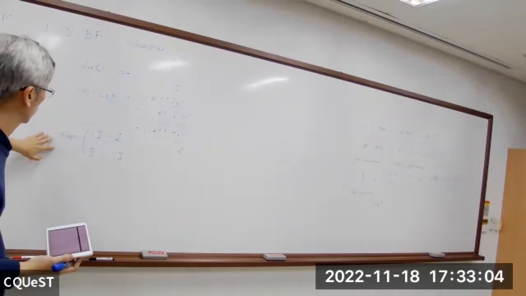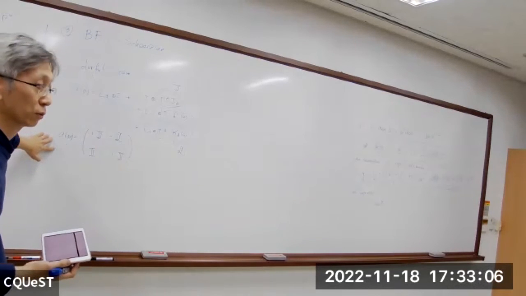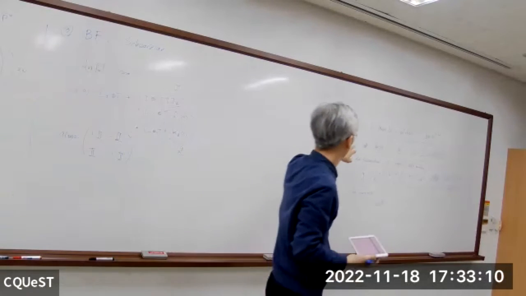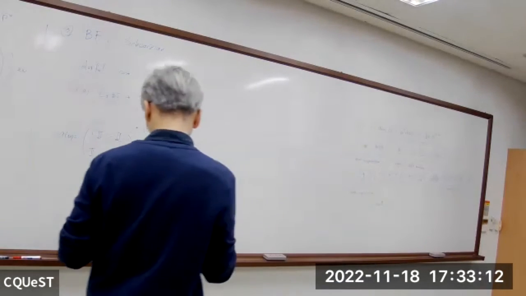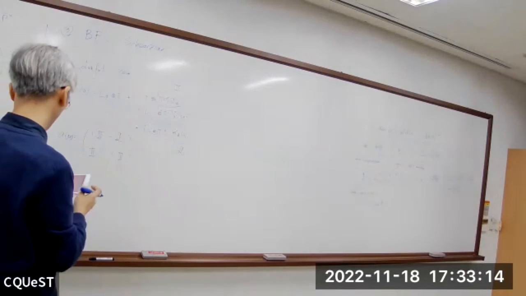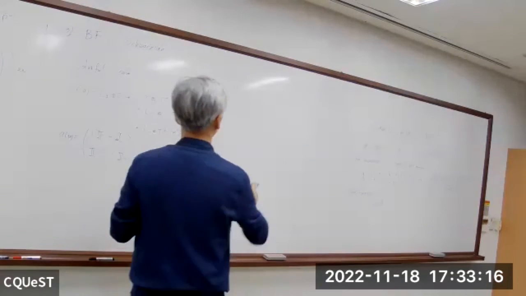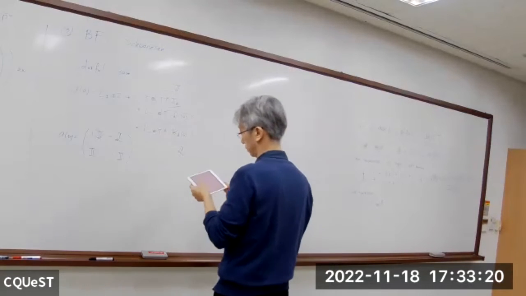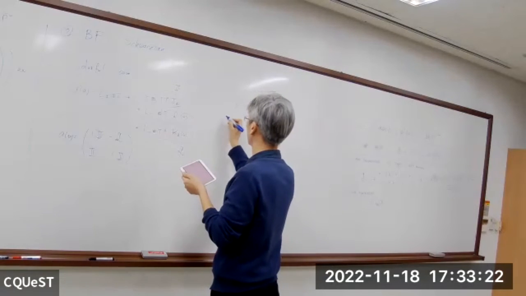So this is a kind of matrix extension, or if you like, color extension of this set of A. And then if you do the usual computation, you can obtain matrix versions of the Schwarzian.